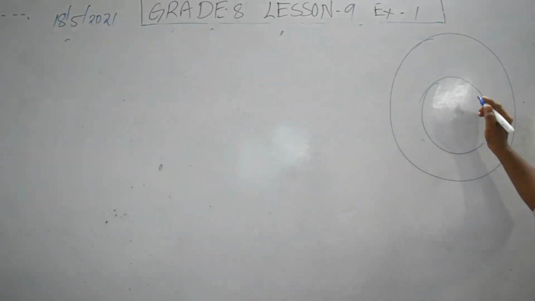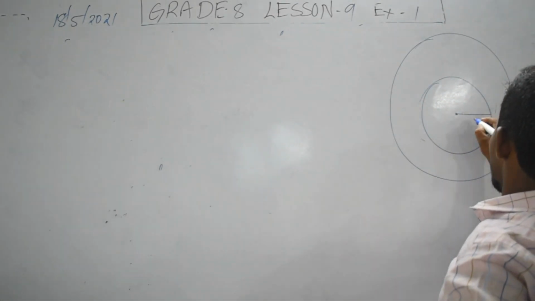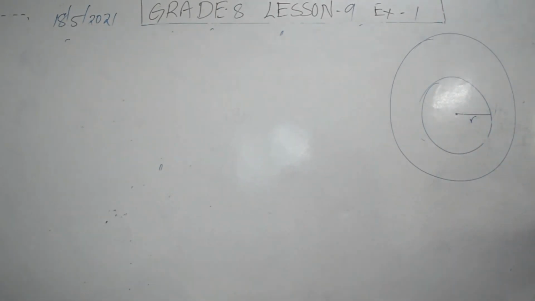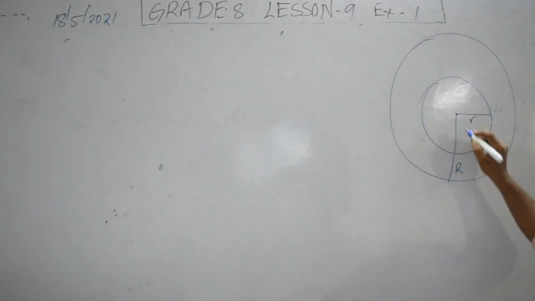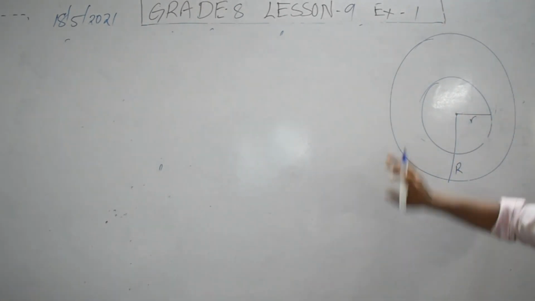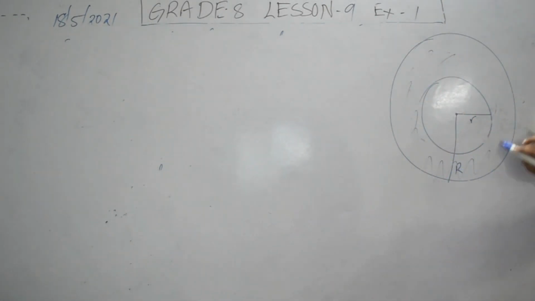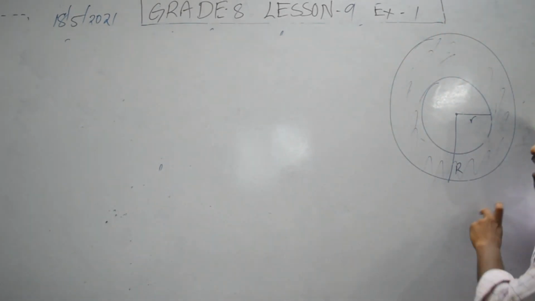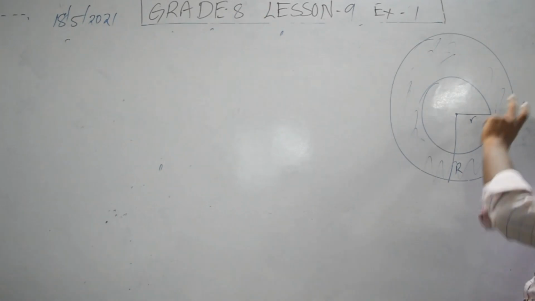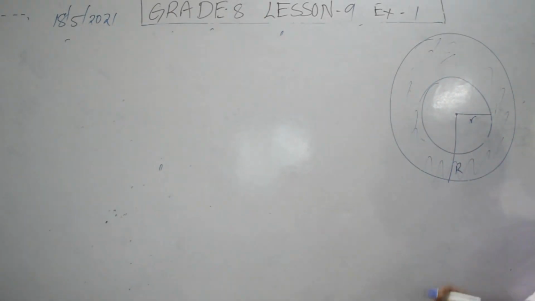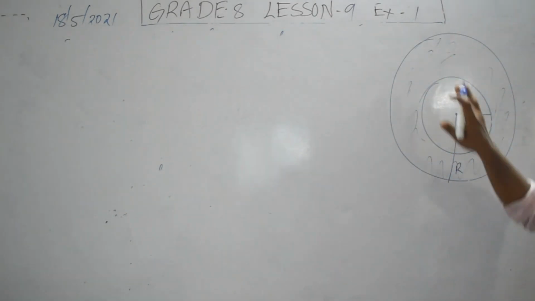So this circle's area we easily say pi r square. This area we easily say, like a capital R, we take pi r square. But this shaded region, how do we find out the area? Here see, first we find out this radius, after that this radius. Removing this one from the other, the remaining part is the only area.